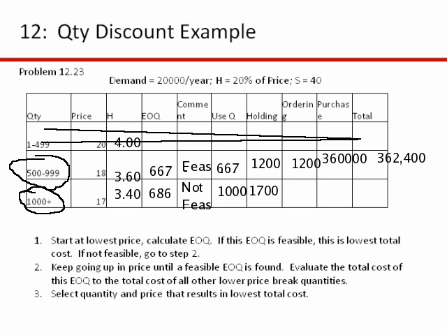And then for the demand, 20,000 over 2 is 10,000, times the 40 gives you $800 for the ordering costs. All right, so we've got $2,500 here.